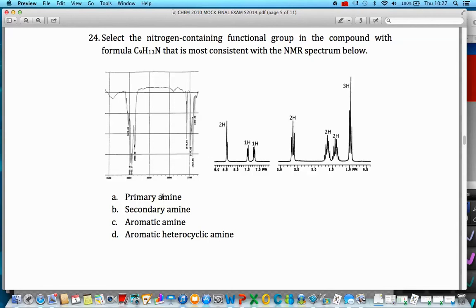So that essentially eliminates A. It can't be an NH2. It eliminates B. It can't be an NH. An aromatic amine would be an aniline derivative, so an NH2 attached to the benzene ring. Again, it can't be that. So by elimination, it needs to be an aromatic heterocyclic amine like a pyridine.